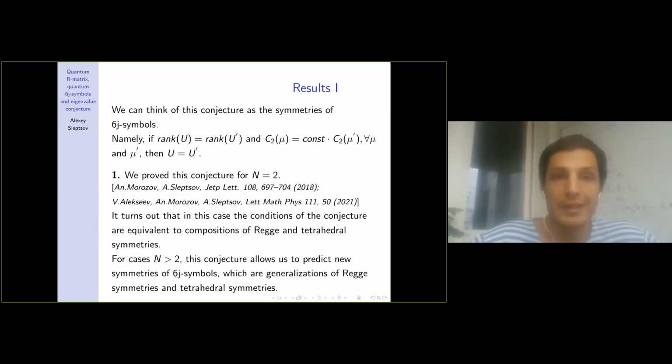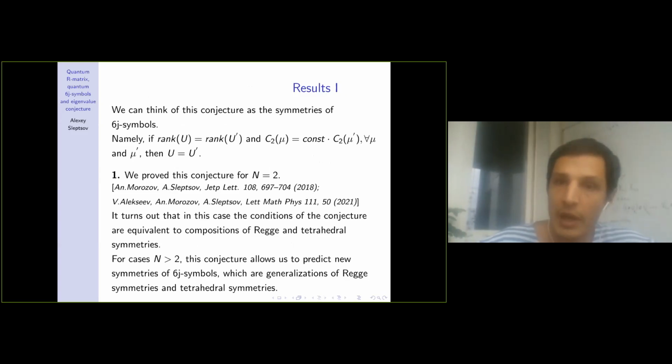So we should think about this conjecture as the symmetries of 6j symbols. Namely, if the size of matrix U is equal to the size of matrix U prime, and all eigenvalues of Casimir operators for all mu are proportional with one and the same constant to mu prime, then U is equal to U prime.